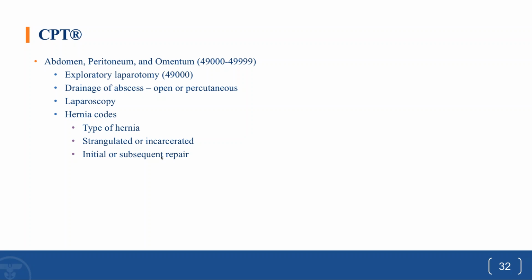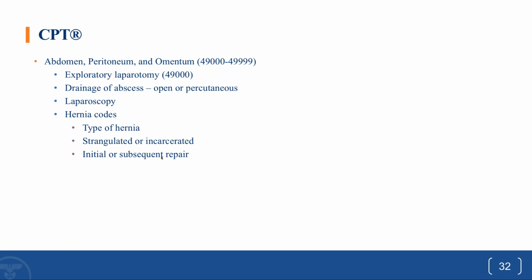With the open, you will only use 49568 with the codes mentioned, 49560 through 49566. Okay. Did that make it clear, or do I need to repeat that? Just remember the open hernia codes, if they're going to use mesh and the hernia repair is open, the 49568, which is the mesh code, can only be used with 49560 through 49566.